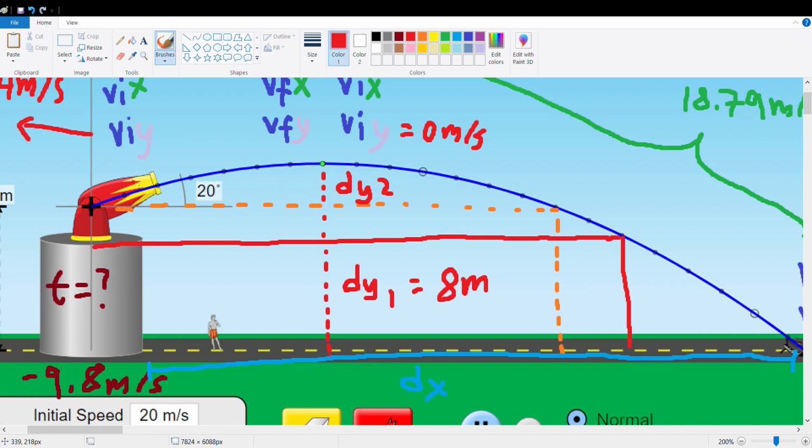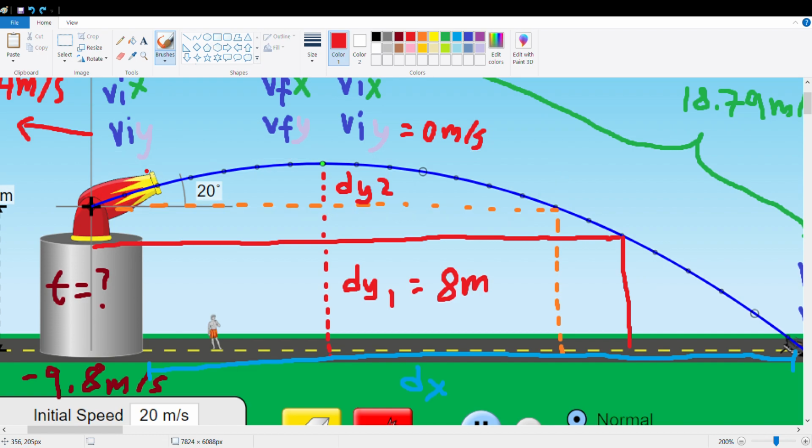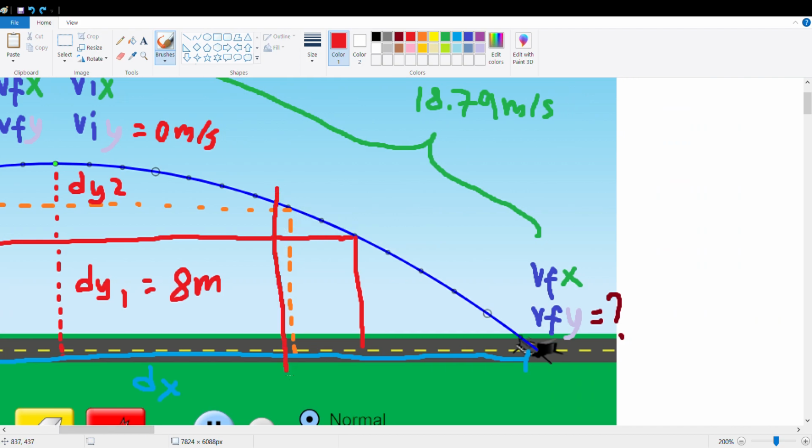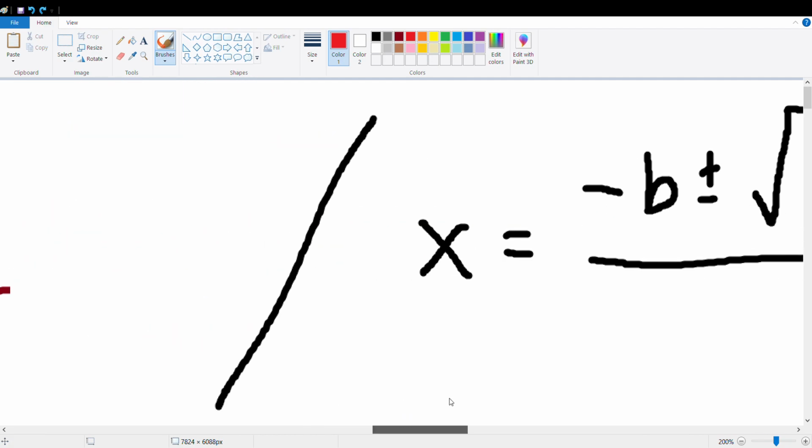You can try to solve first this part, which is from the vertically launched projectiles on a level ground, and then add it to this part, supposing this is a peak and it's 0 meters per second, and also adding this to here. That will also give you time, but if it was supposed to be one equation, we would be using the quadratic formula.